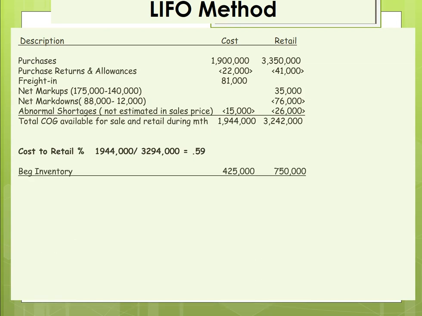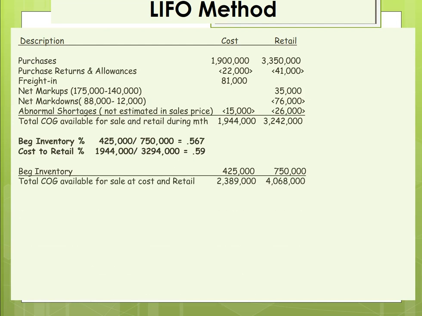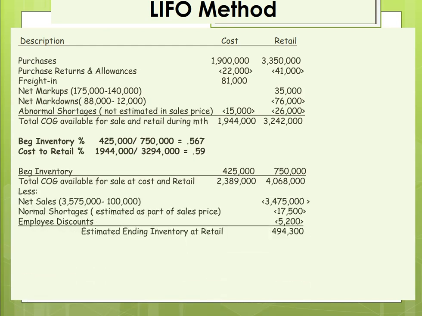Then we add beginning inventory, and we also do a cost to retail percentage. So we have two percentages. We're going to add that together, and now we've got total cost of goods available for sale at cost and retail. We're going to subtract our net sales, normal shortages, and employee discounts to get estimated ending inventory at retail.